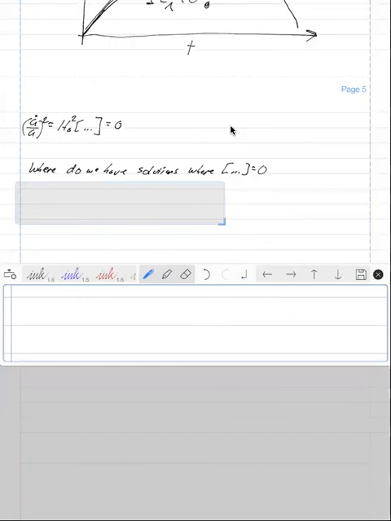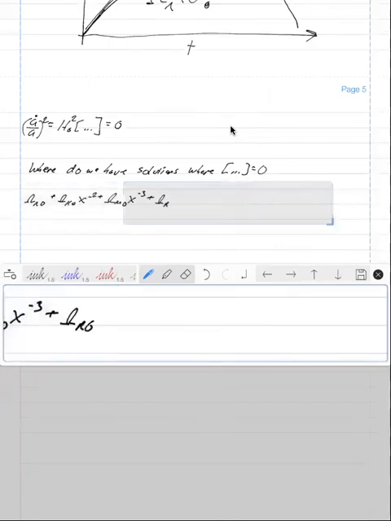Let me explicitly write that down. Omega lambda equals omega lambda 0 plus omega k 0 x to the minus 2 plus omega m 0 x to the minus 3 plus omega radiation 0 x to the minus 4.